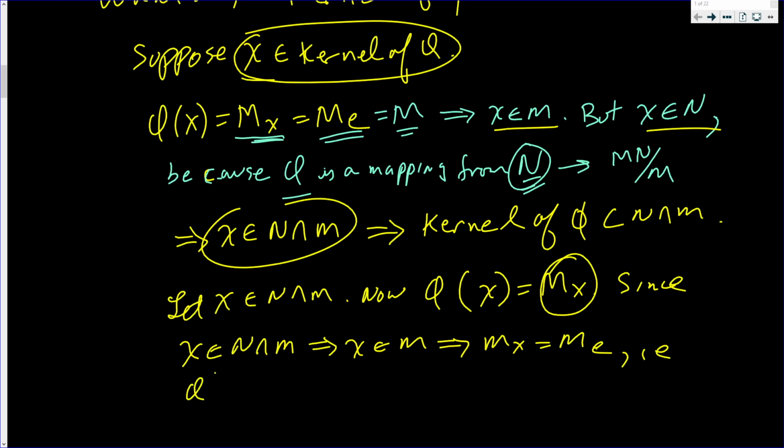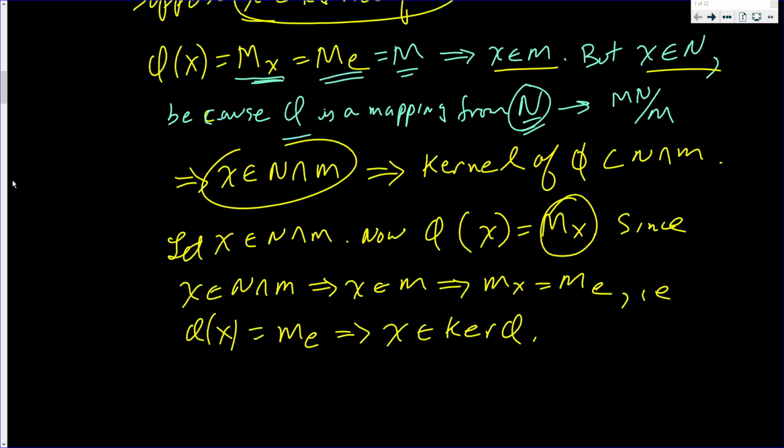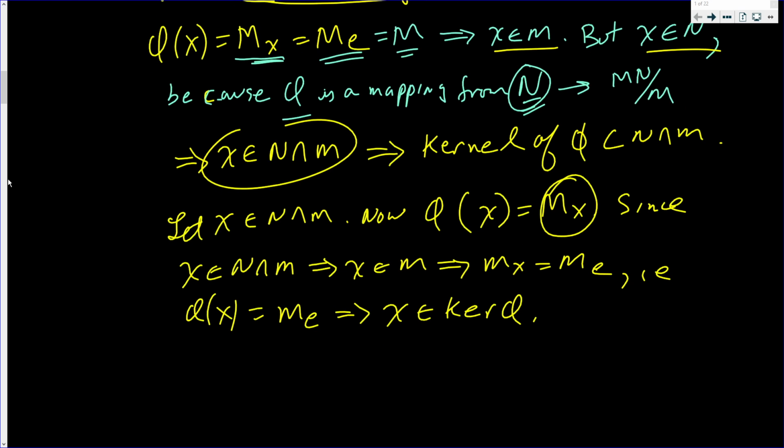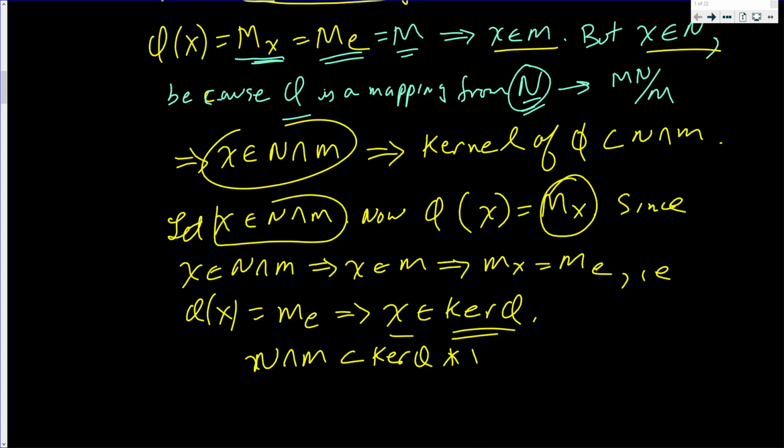That is, phi of x is equal to Me, which implies that x is, in fact, in the kernel of phi. So we started off with x being in here, and we concluded that x is in there. Let's call this statement double star.